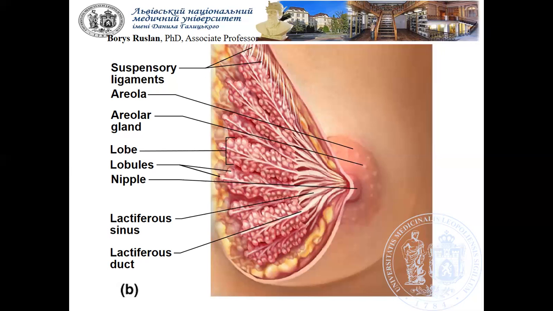So the period for ovulation, doctors give it as from 5 to 6 days around it. It's the time when fertilization can happen.